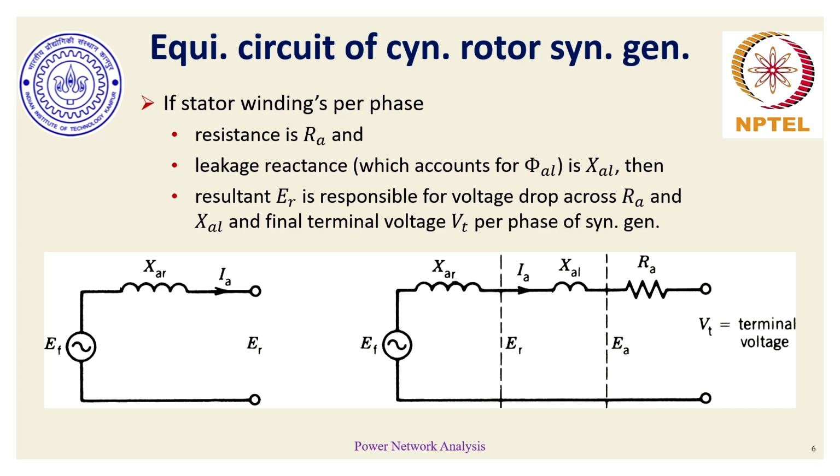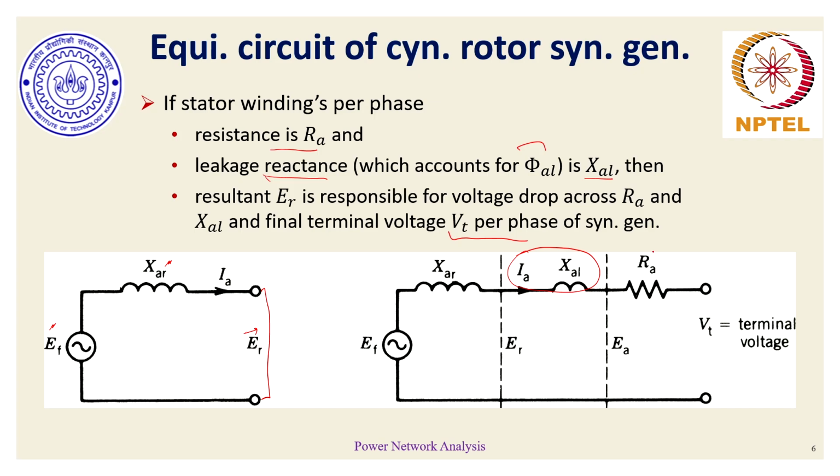If the stator winding has a non-zero resistance, which is usually the case, the leakage reactance XAL accounts for the leakage flux, and there is also a terminal voltage per phase VT across the synchronous generator. So in addition to the induced EMF and the armature reaction reactance, which leads to the effective stator voltage, this ER is responsible for the voltage drop across the leakage reactance.